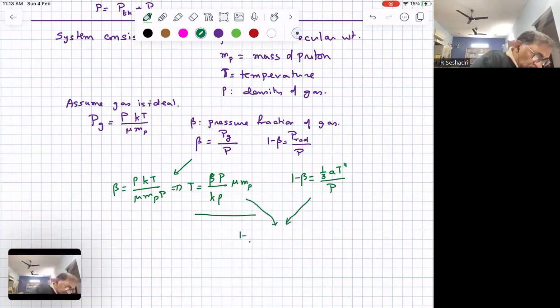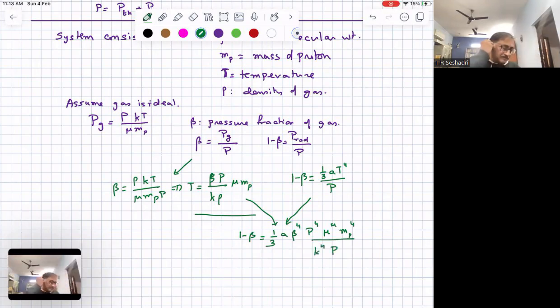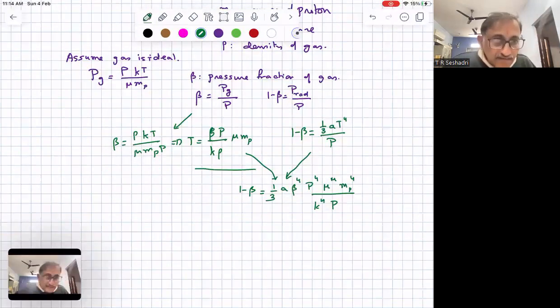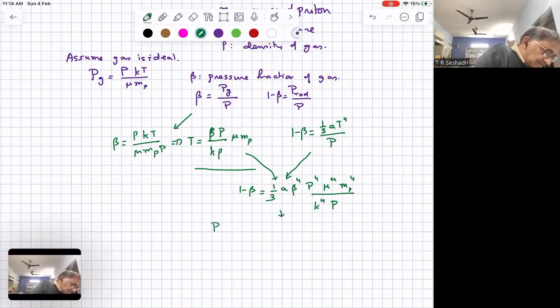I can write 1 minus beta is equal to 1 by 3 A beta to the power 4 P to the power 4 mu to the power 4 MP to the power 4 divided by the Boltzmann constant to the power 4 times P. And then I can simplify this to get P cube is equal to K by mu MP to the power 4, 3 by A, 1 minus beta by beta, the whole thing to the power 1 by 3, times rho power 1 by 3.